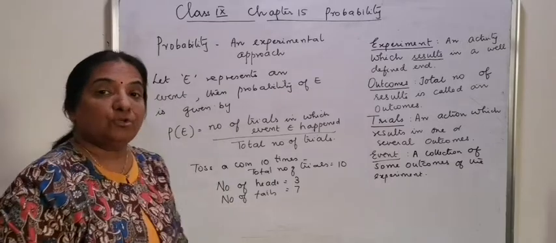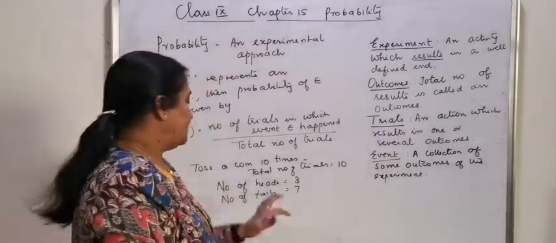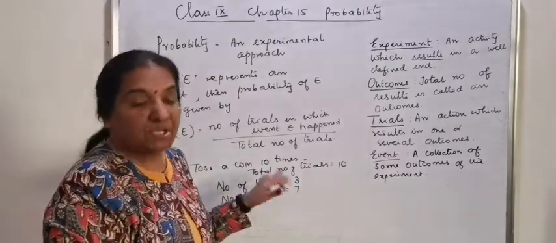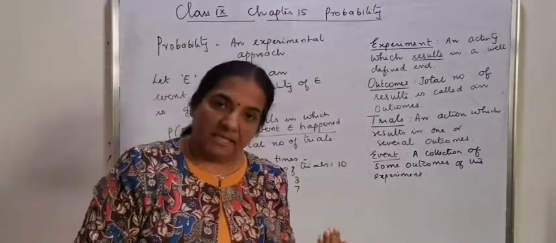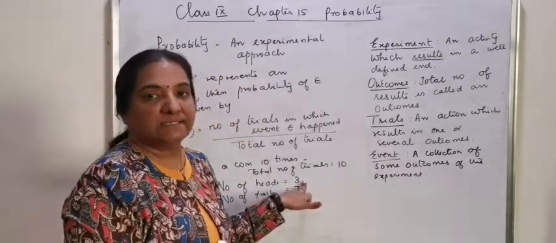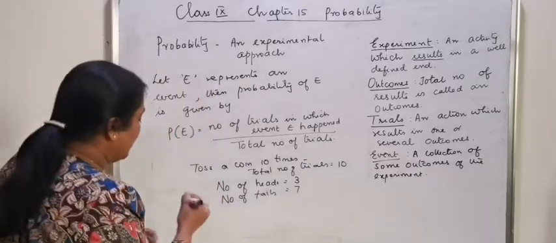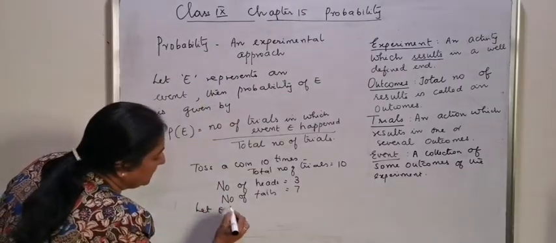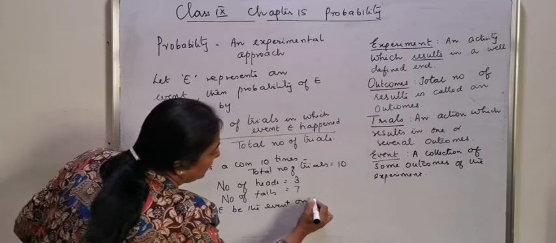So now you are asked to write the probability of the number of times the head turned up. So the head turning up has become the event. That is, 3 times heads turned up and 7 times tail turned up. So let E be the event on head.